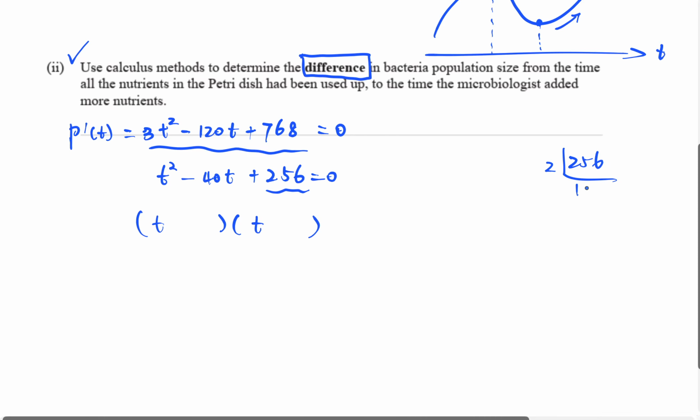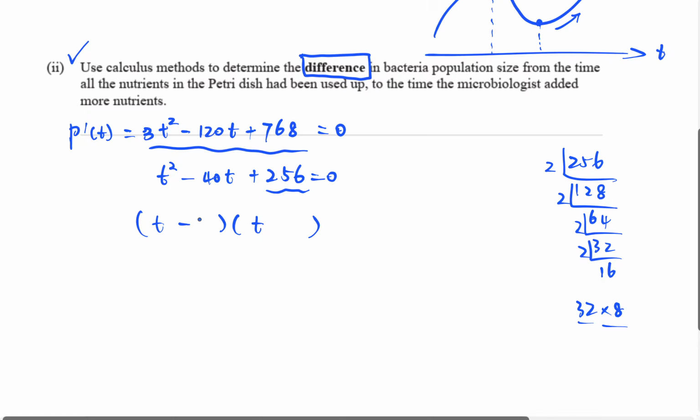2, 1, 2, 8, 2, 8, 6, 4, 2 is 32, 2 is 16. It's 16, but 16 plus 16 is 32. 32 and 8 multiply together to make 256, and added together make 40.